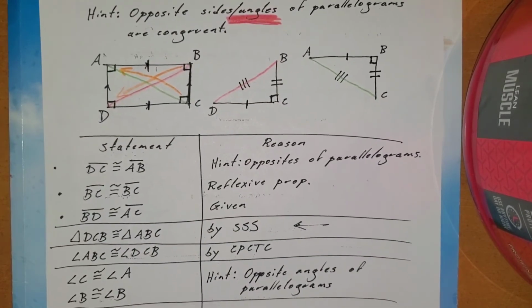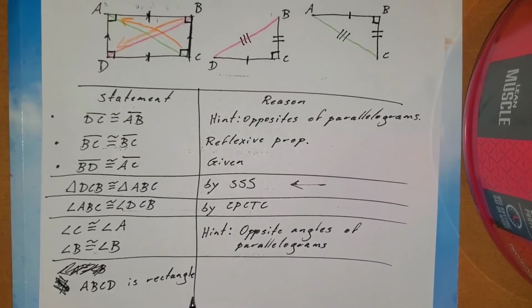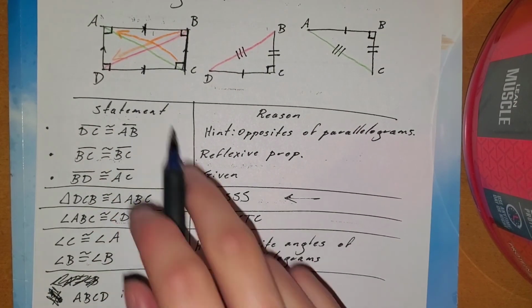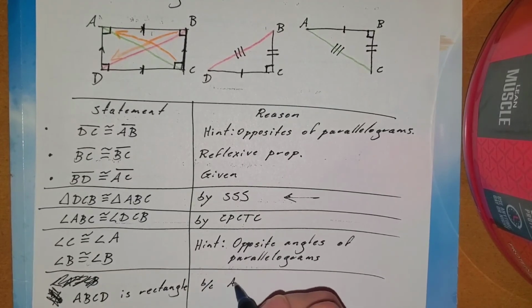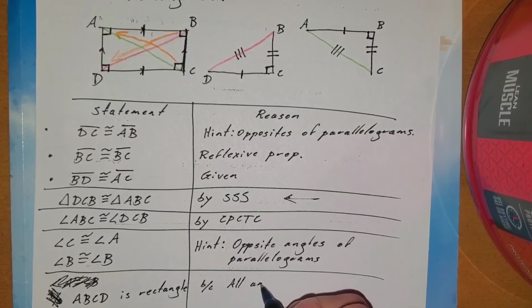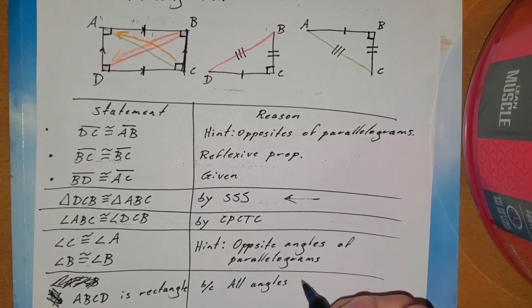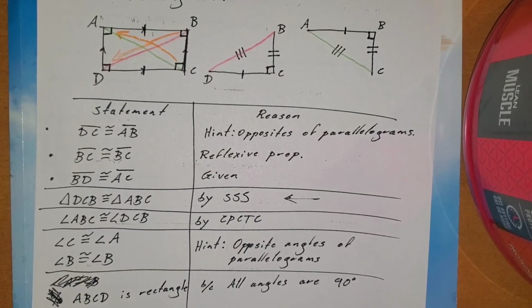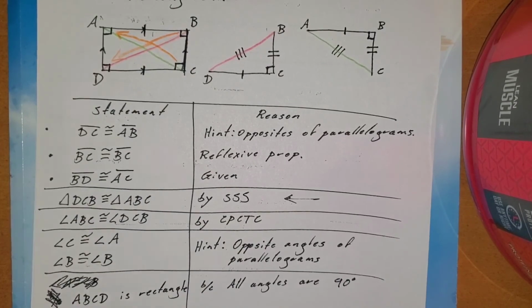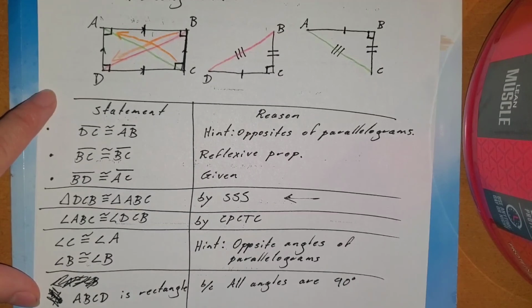This shape is actually a rectangle because all angles are 90 degrees. Alright, and this is it. This is the whole proof.